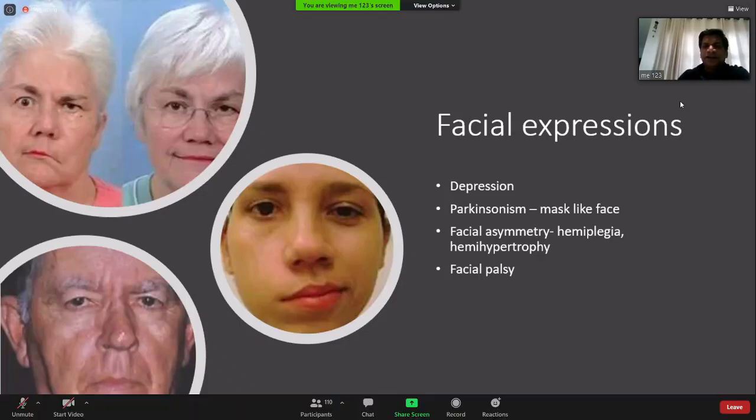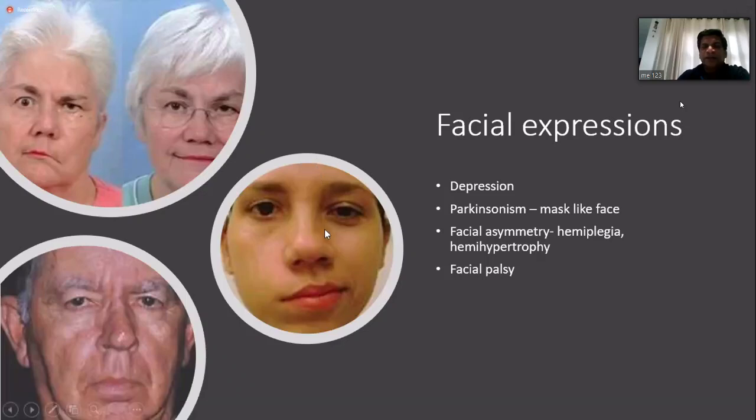And then in some patients one side of the face can be hypertrophic compared to the other side, so you might think it is actually the other side that is atrophic. So there can be facial asymmetry due to one half of the body having hypertrophy. In some people the entire half of the body is larger than the other side. We call it hemi-hypertrophy, and that's one thing you have to be careful not to mix up with hemiplegia, right?